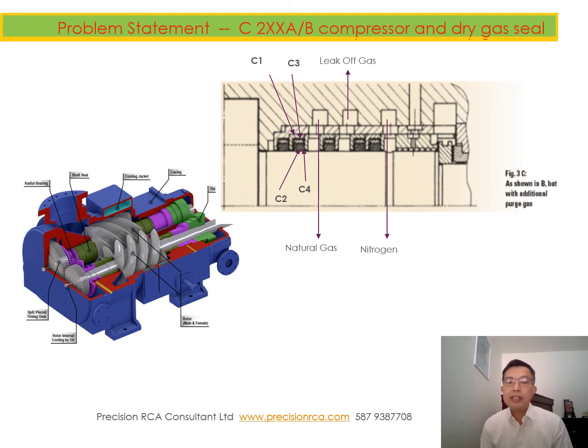The middle one is the leakage of gas, and after that one is natural gas. You can also see C1, C2, C3, C4, the leakage points. Later on, we will use those leakage point clearances to determine the root cause, why the seal gas increased so much.